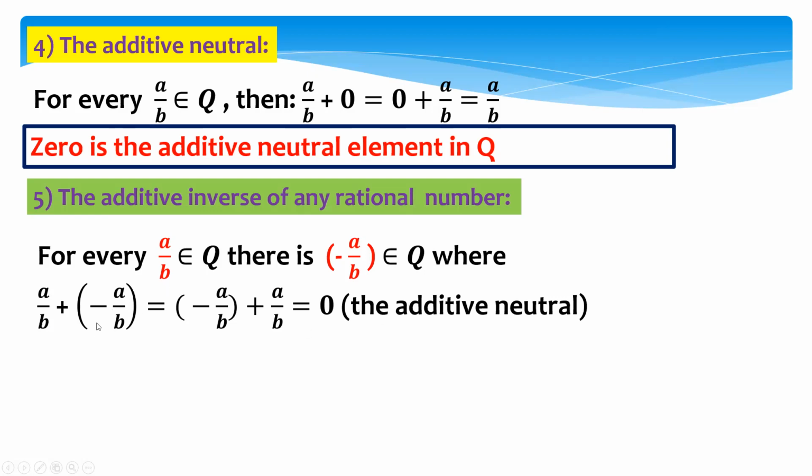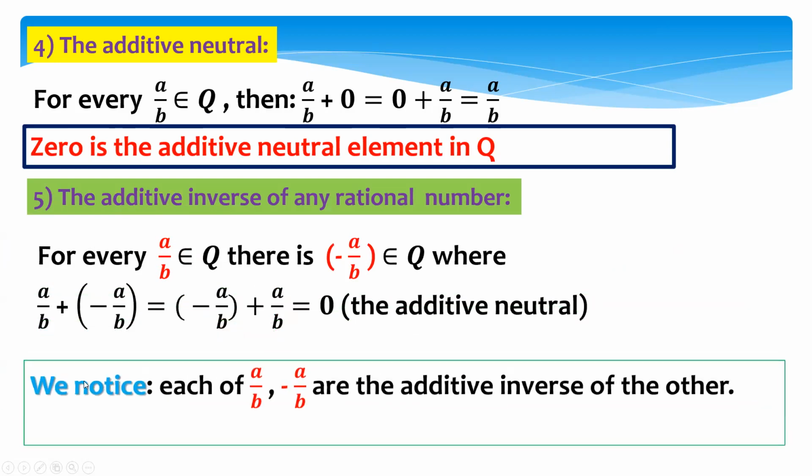When I add 2 plus negative 2, the answer would be 0. When I add 1 plus negative 1, the answer would be 0. When I add half plus negative half, the answer would be 0. It means the additive inverse. We notice each of a over b and negative a over b is the additive inverse of the other.